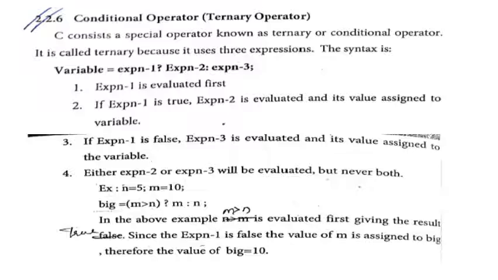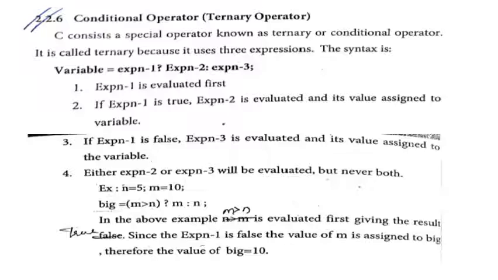For example, consider n equals 5, m equals 10, and big equals m greater than n ? m : n. In the above example, m greater than n is evaluated first.